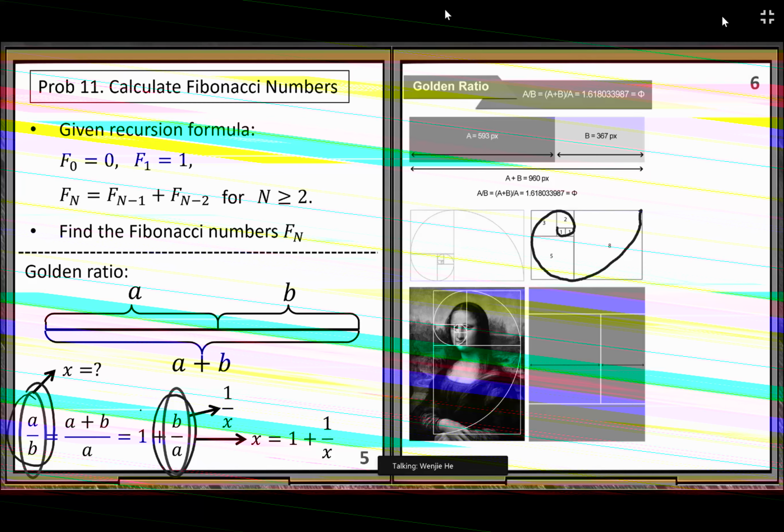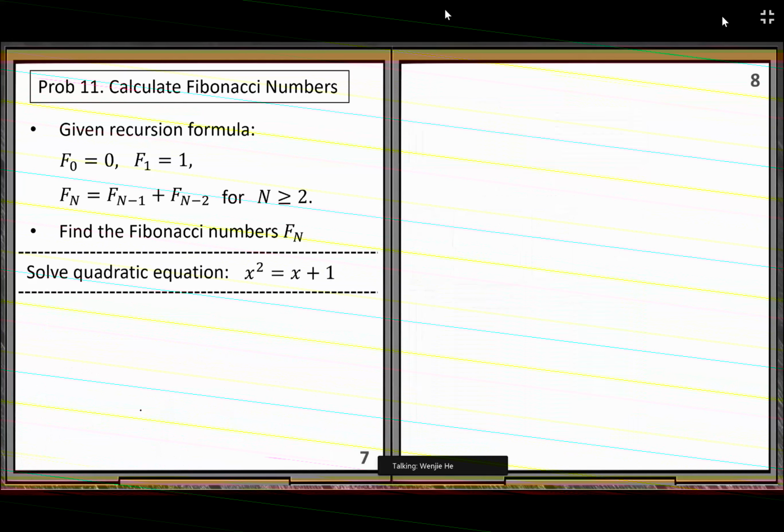This is a simple equation. One equation for one variable, we can solve it. It's not too hard. So next, let's find the solution of this equation.